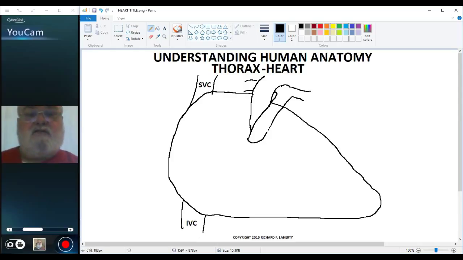We can then sketch in a groove. We'll use a line to indicate the groove. And it's a groove between the atria and the ventricles. So I'm going to draw it right along here, like so.